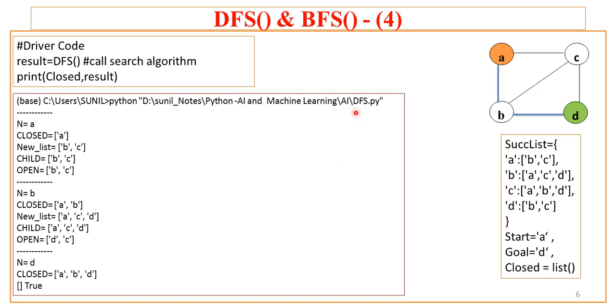The only thing you have to do is to alter the sequence of the append operation with the open list. That is, you have to append the child to the end of the open list. So hope you have understood this.